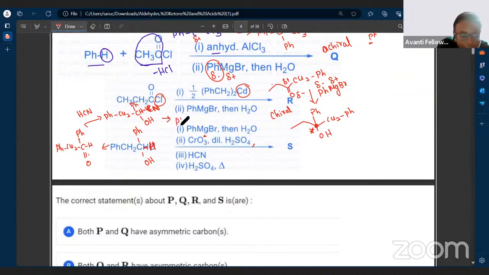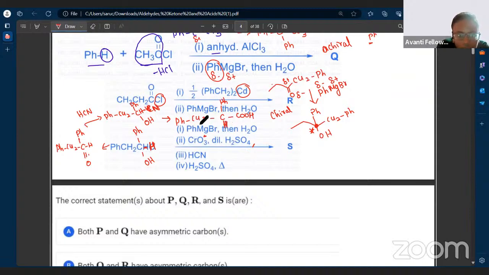You'll be getting PhCH2, carbon is there, you have a Ph, and then the CN will get converted to COOH. Hydrogen will be there.